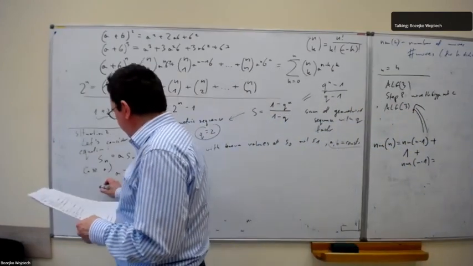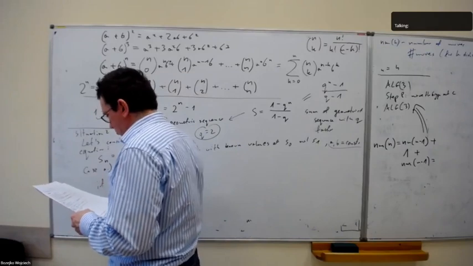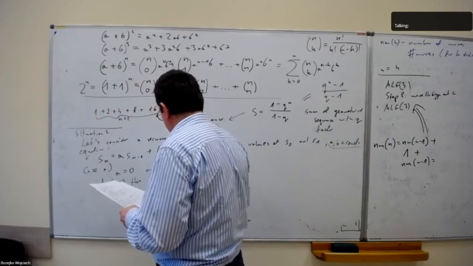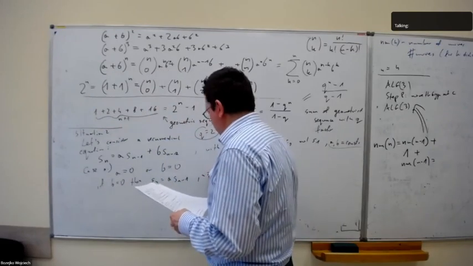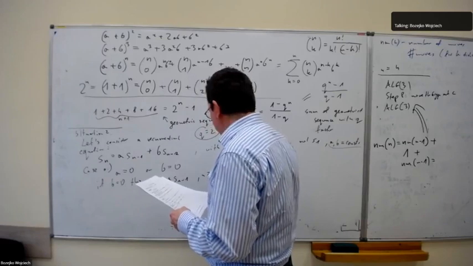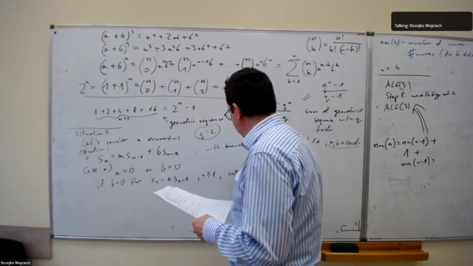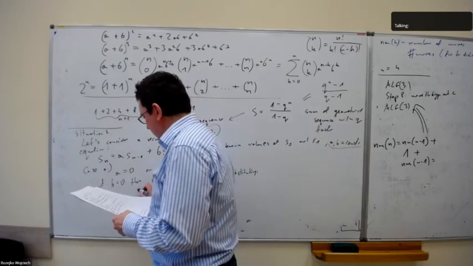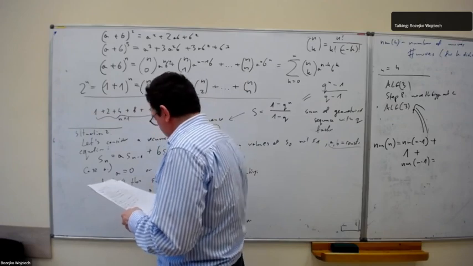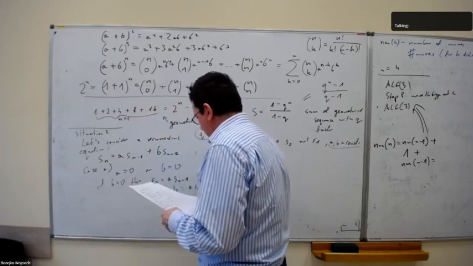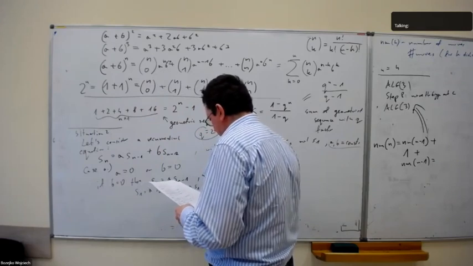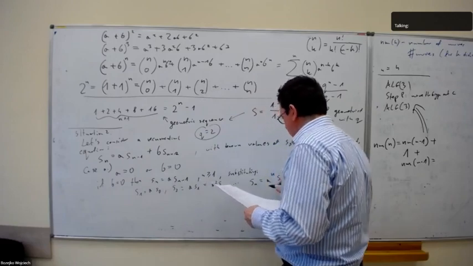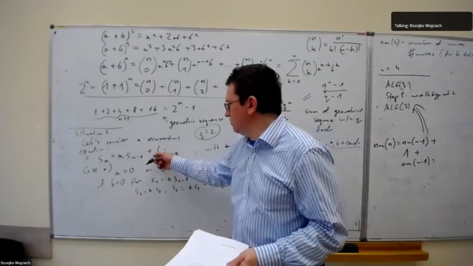So if b is 0, then Sn can be written as a times Sn minus 1, for n greater or equal to 1. And finally, if we substitute, we obtain that S1 is a times S0, S2 is a times S1, so this is a squared times S0, and finally Sn will be a to the power of n times S0. So this is quite easy if one of them is 0.